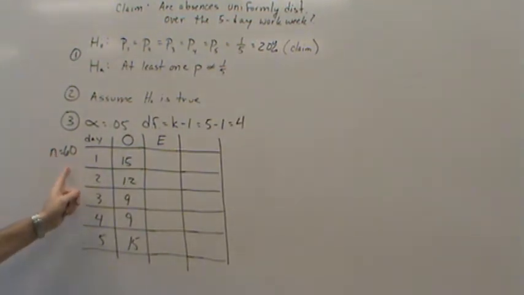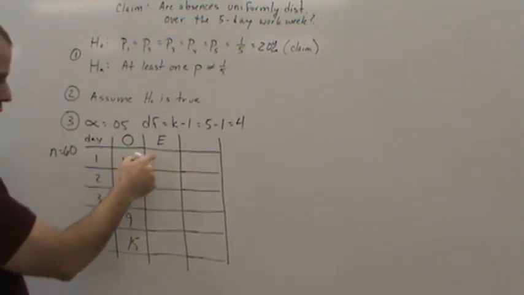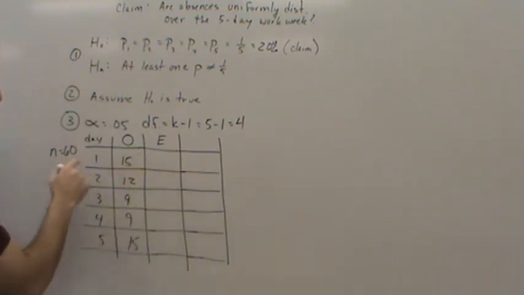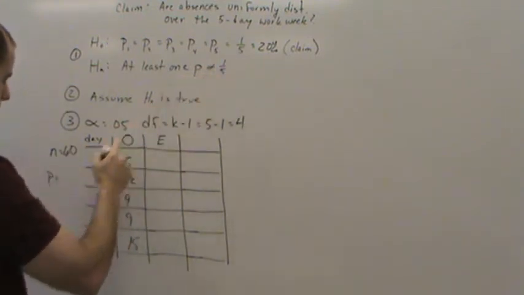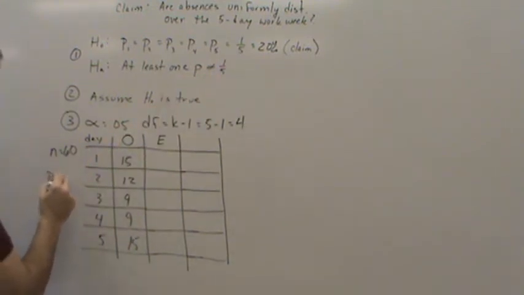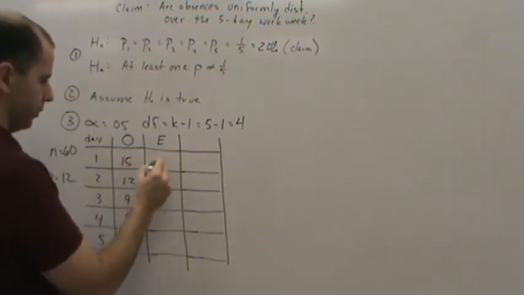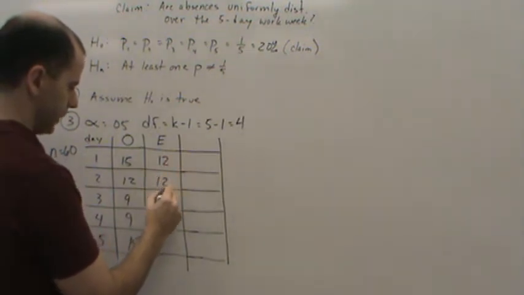If the absences are uniform, 1/5 of 60 should be in each one of these. So our P is 20%, or 1/5 of 60, and we get 12. So all of these expected values we would expect to be 12.